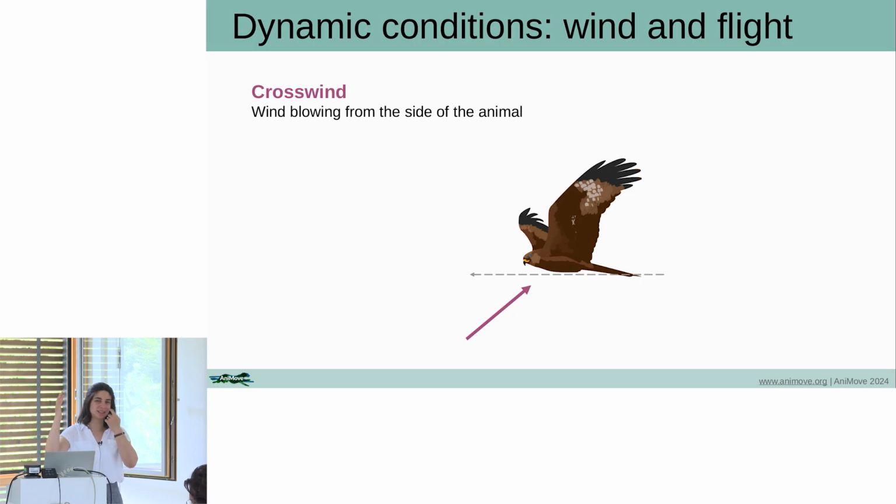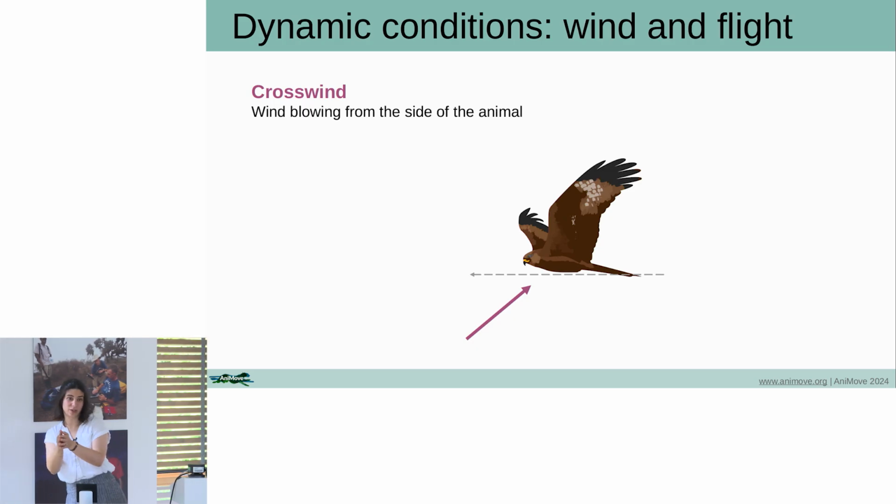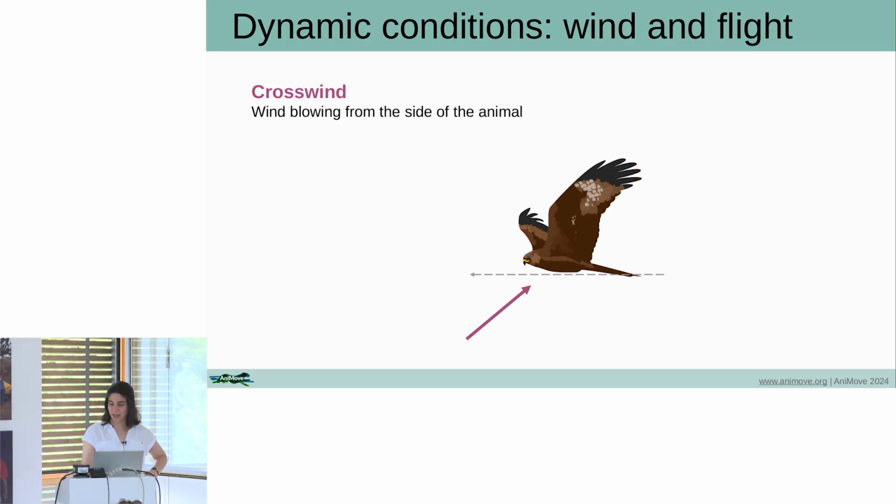It can impact the heading, as Martina mentioned, because the tag that calculates heading will tell you the axis of the bird's body or the animal's body. So if it's shifted by the wind, you still see that it's facing this direction, but it's moving in this direction. So it's the difference between heading and the angle of movement.